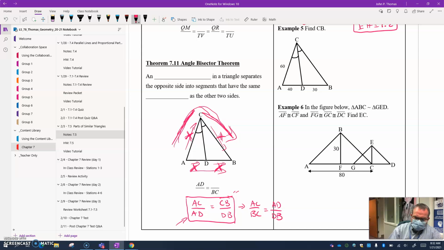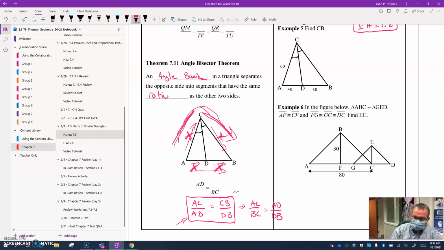Now, when I look at this, if we put it into words, it says, an angle bisector in a triangle separates the opposite side into segments that have the same ratio as the other two sides. All right, so this is going to be the angle bisector. And it separates it so that it has the same ratio as the other two sides.